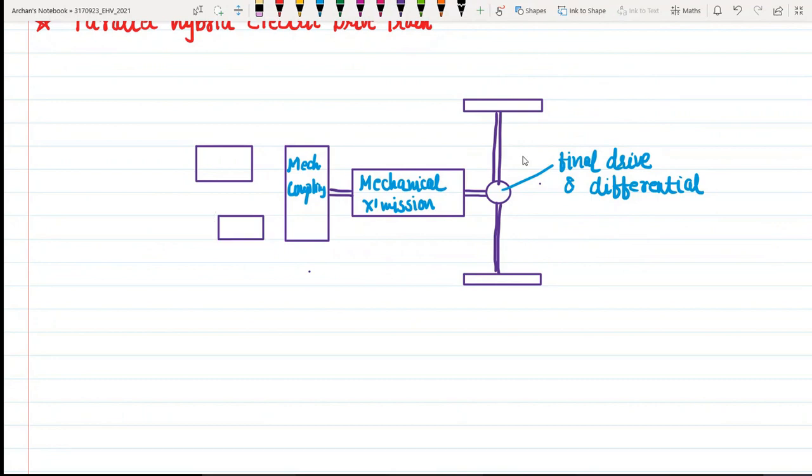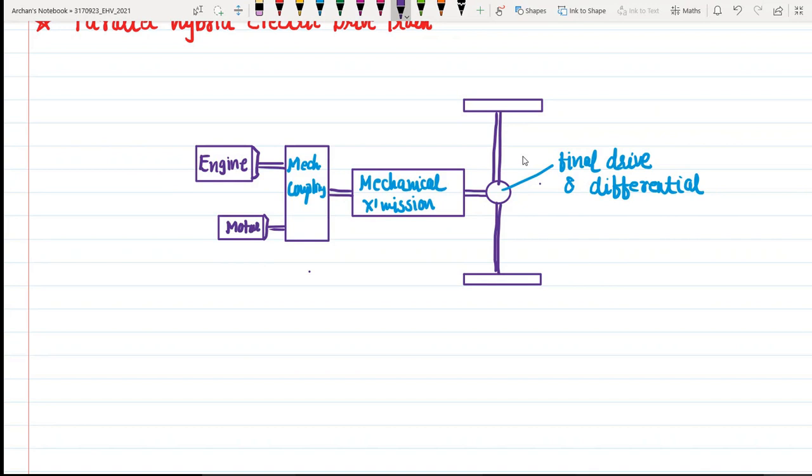This motor and IC engine are connected to this coupling. This is my IC engine, and this may be the electric motor.